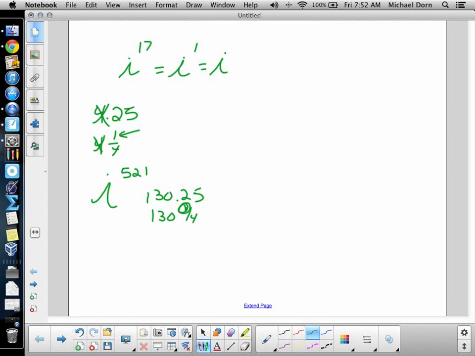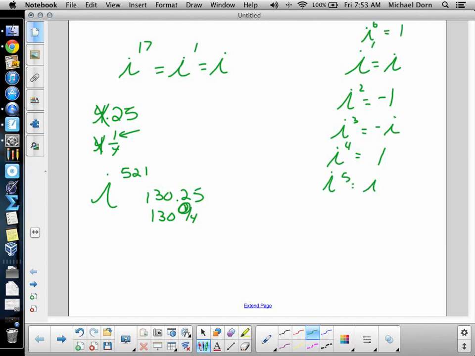And remember our progression of the powers of i. i to the 0 equals 1. i to the first equals i. i squared equals -1. i cubed is i times i squared, or negative i. i to the fourth is 1, and then we just repeat. i to the 5th is i, i to the 6th is -1, and so on and so forth.